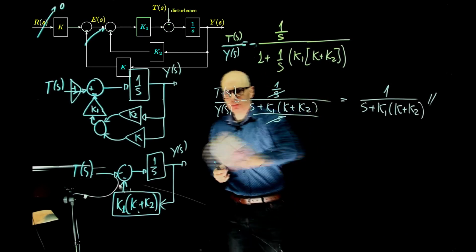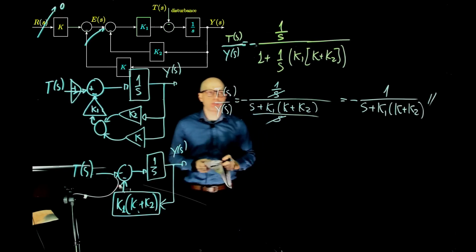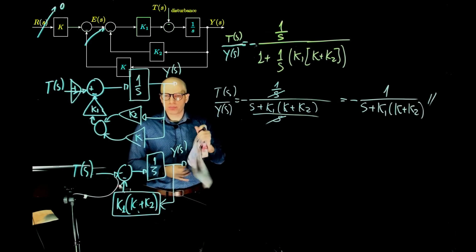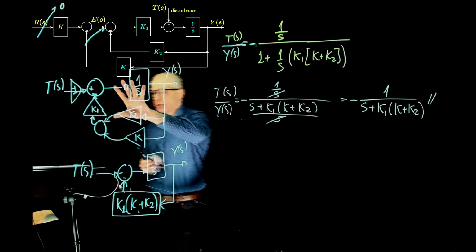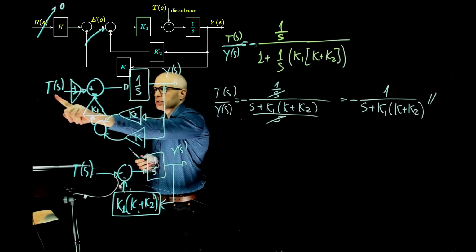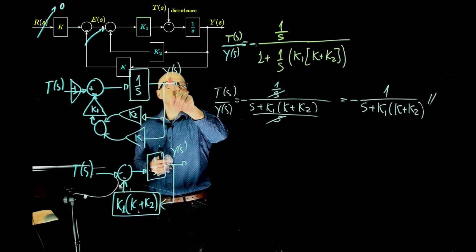Professor, what about the negative sign? Why is it T of s over Y of s? Isn't it output over input for the transfer function? This is the input, this is the output. Did you flip it?